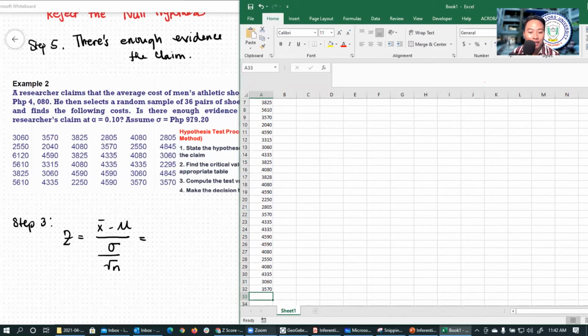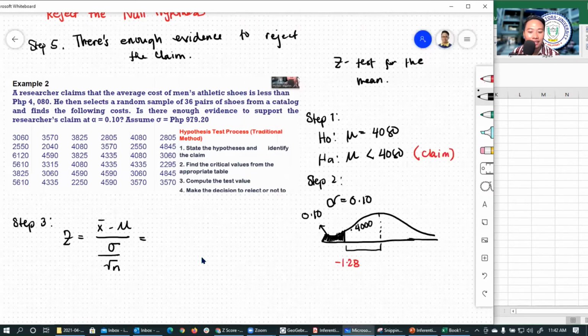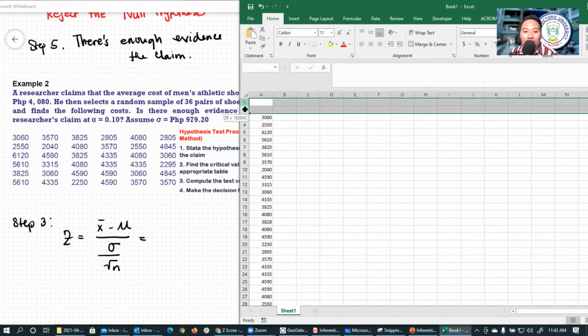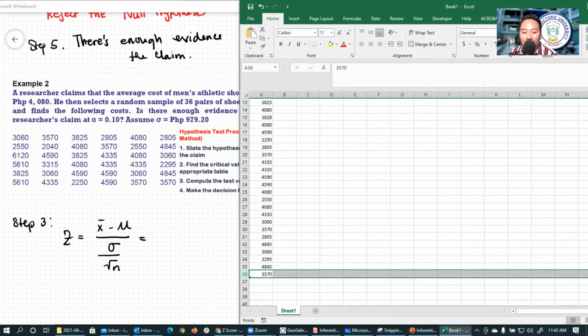I think I made a mistake. Then the last ones: 2805, 4845, 3060, 2295, 4845, 3570. Okay, I think that's right. Let's check: 1, 2, 3, 4, 5, 6, 1, 2, 3, 4, 5, 6, that's 36 in total. Correct, we have 36 in total.